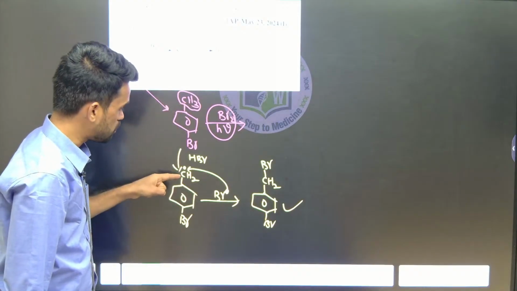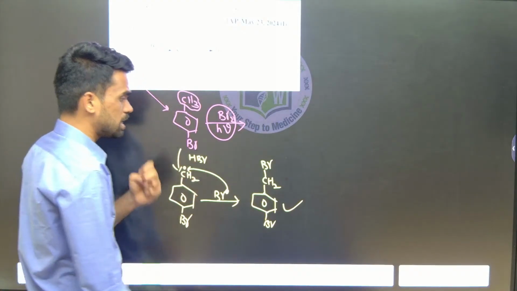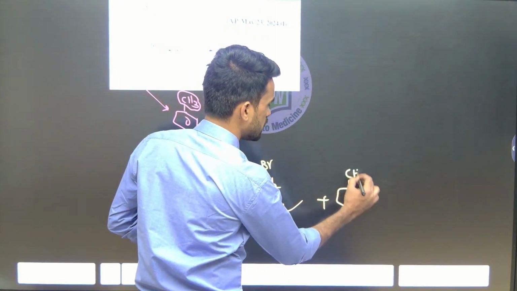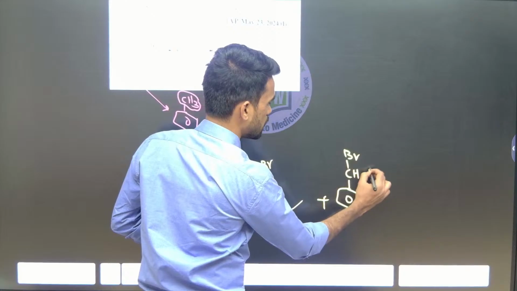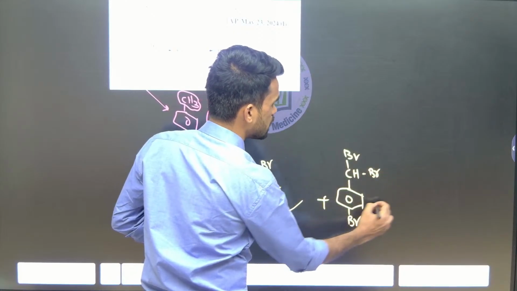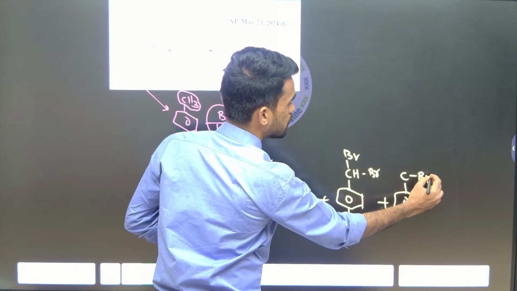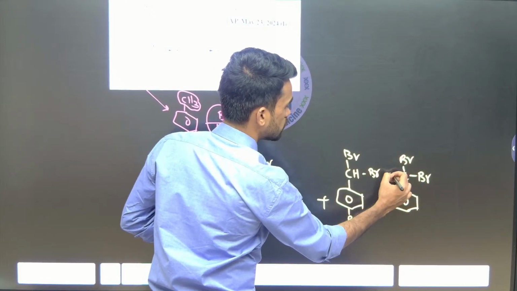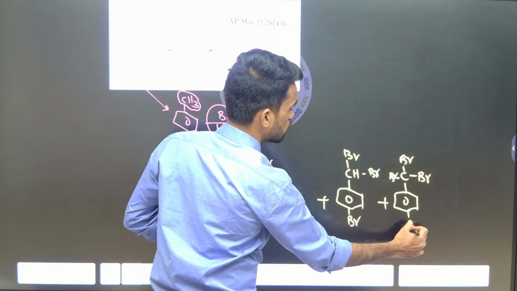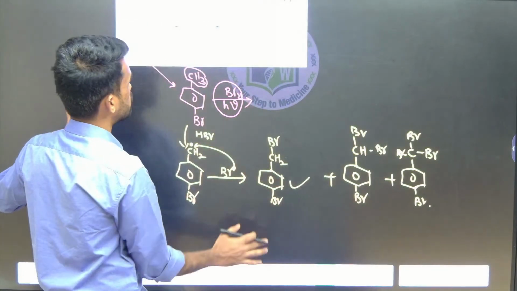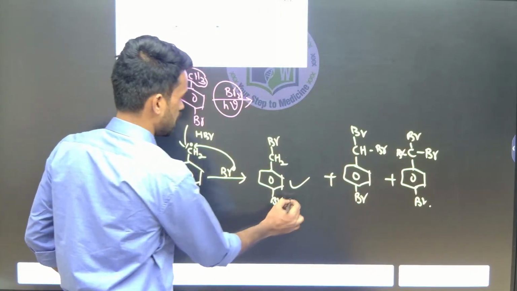So I can replace only one hydrogen, or I can replace two hydrogens, CHBr2 like this, or I can replace all three benzylic hydrogens. Only benzylic hydrogens I am saying. By considering the mono substituted product, this is the X I am considering.